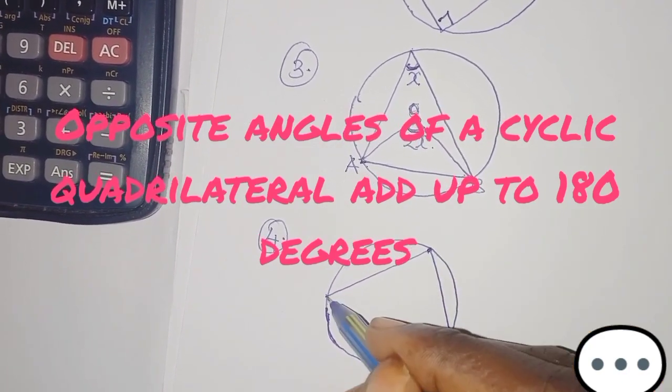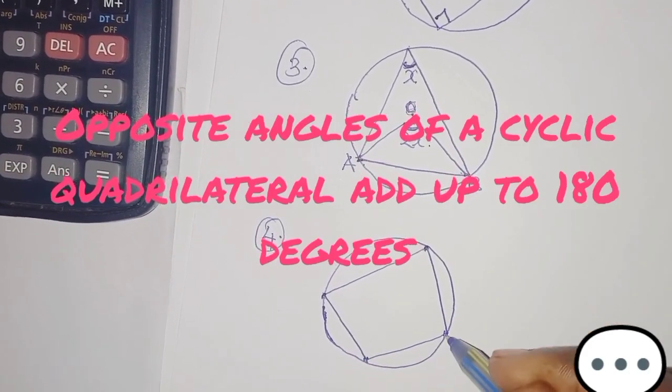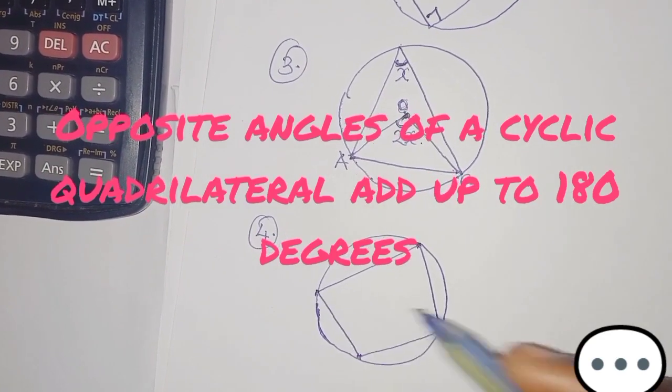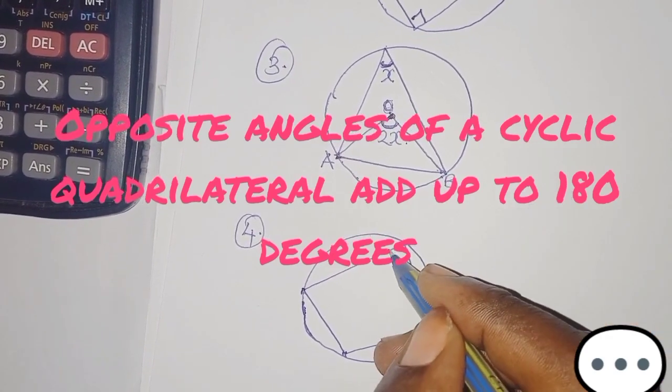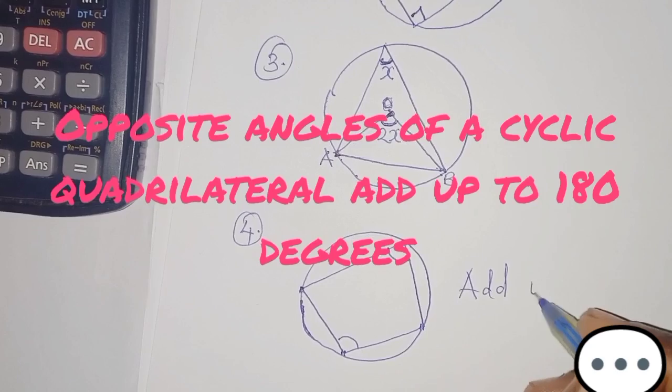These are the vertices of the quadrilateral. If all 4 vertices of the quadrilateral are touching the circumference of the circle, then that quadrilateral is called a cyclic quadrilateral. Opposite angles of a cyclic quadrilateral add up to 180 degrees.